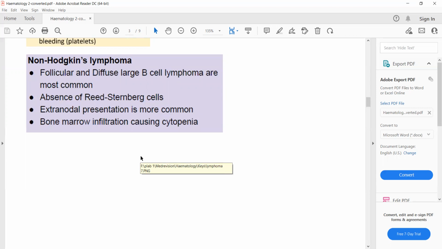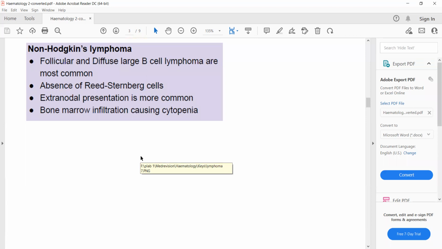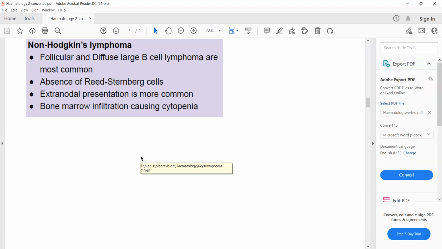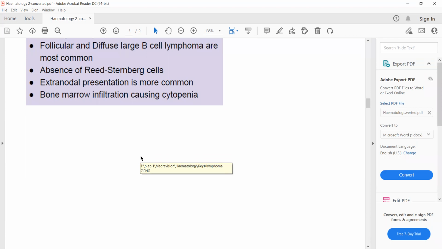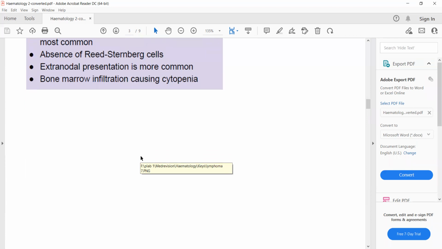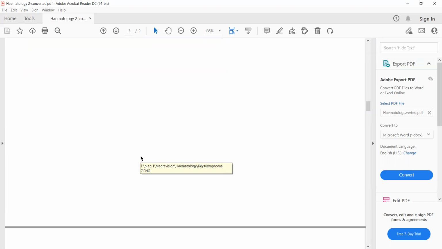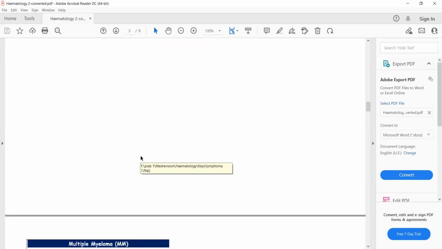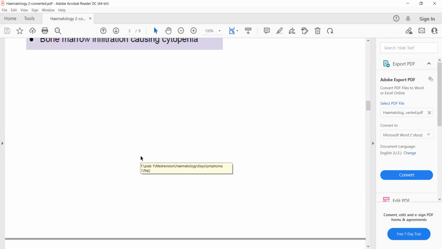This is a histological difference basically. In non-Hodgkin lymphoma, no Reed-Sternberg cell will be present. Extranodal presentation is more common in non-Hodgkin lymphoma, such as bone marrow infiltration, which leads to pancytopenia. So this was all about lymphoma and its diagnosis.